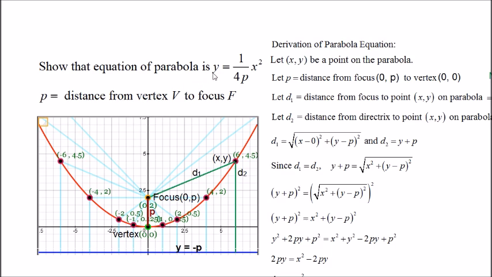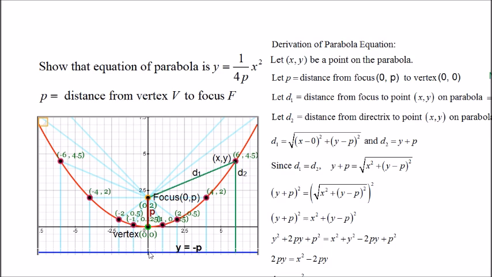And now we will show that the equation of this parabola right here is y equal to 1 over 4p times x squared, where p is the distance from the vertex to the focus, or from the vertex to the directrix. Meaning the distance from here to here is p, and the distance from here to here is also p.